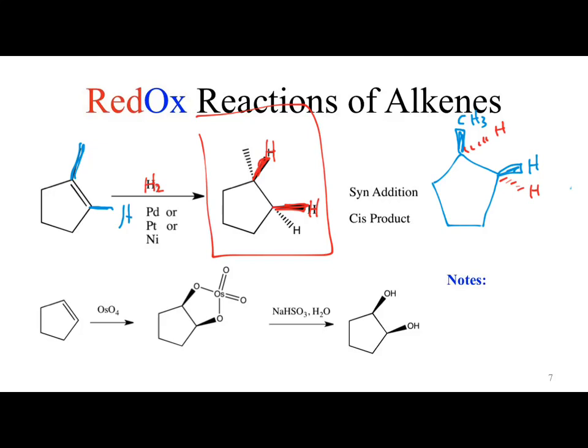Drawn another way, can we imply hydrogens? Is that an allowed move? Yeah, so let's simplify the red structure into this. Can we do that with the blue structure too? What's the relationship between these two?